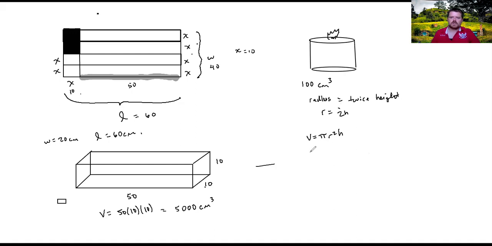So I plug in 2h, being careful that I have an exponent there. I get volume equals pi times (2h) squared times h. I can also plug in the volume because I said I have 100 cubic centimeters. So 100 equals pi times, be careful, your power of a power rule: (2h) squared ends up being 4h squared.